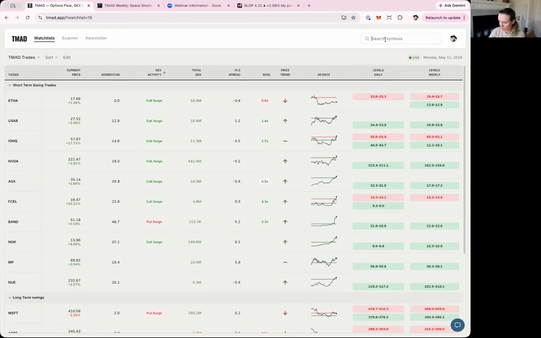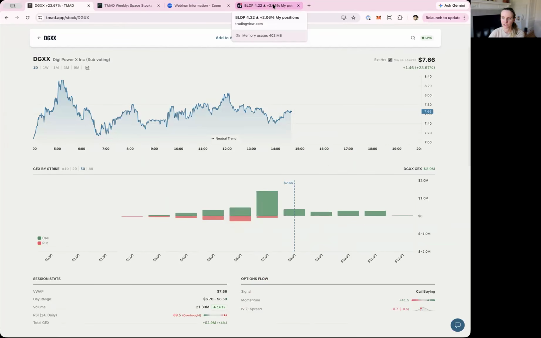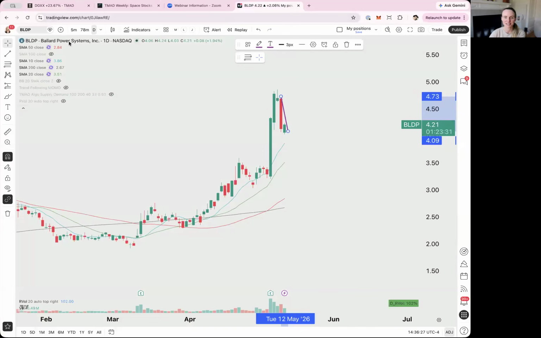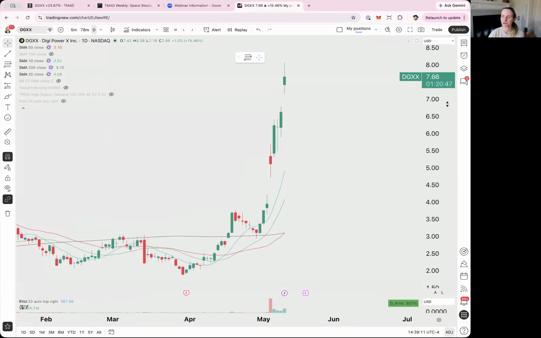DGXX. All right, this looks nice. There's barely negativity higher. Yeah, okay, DGXX looks nice. Oh my God, look at the relative volume. What is going on? 14? Wow, okay. So this one looks very nice. Let me look at the technical chart. DGXX. Oh my God, okay, I see.